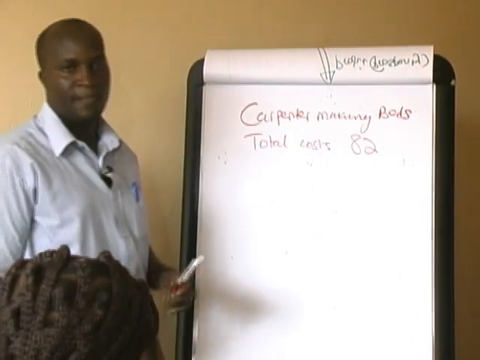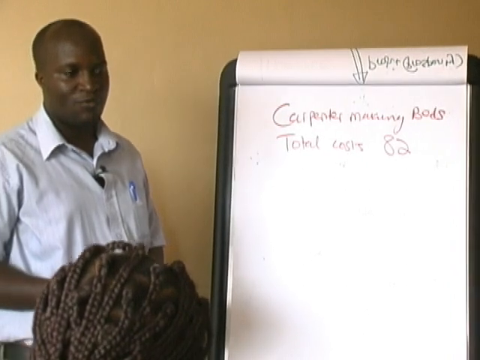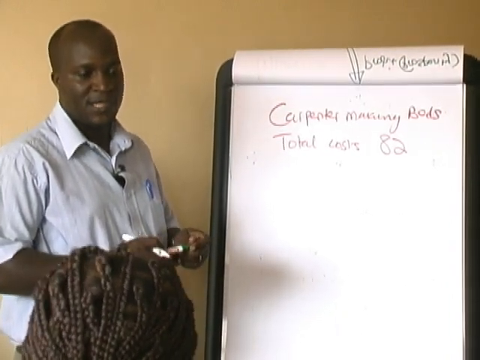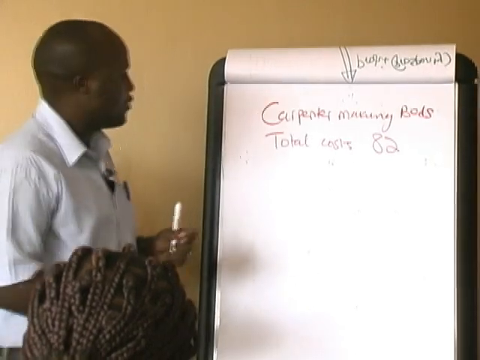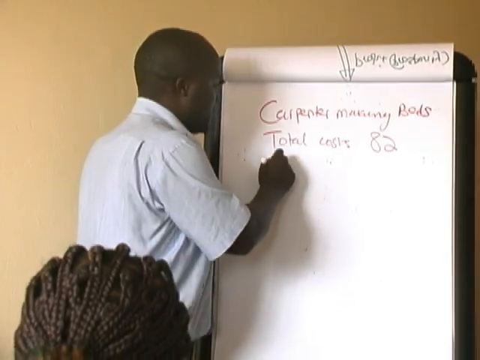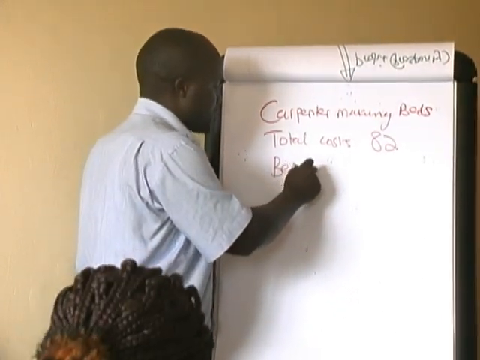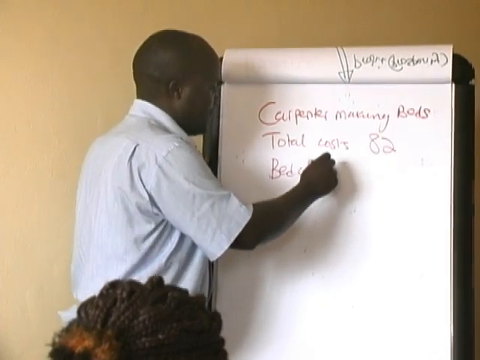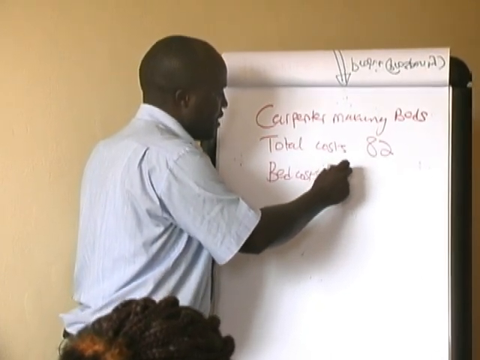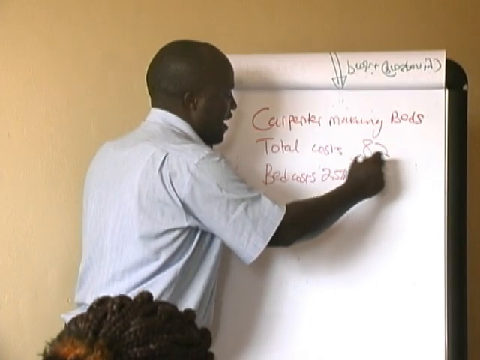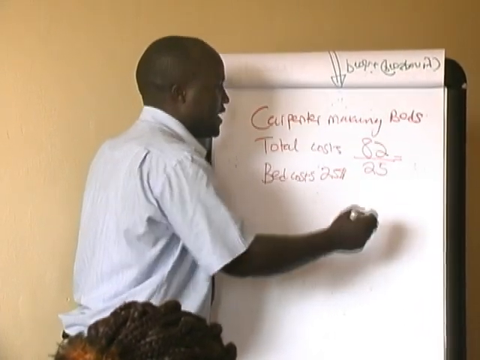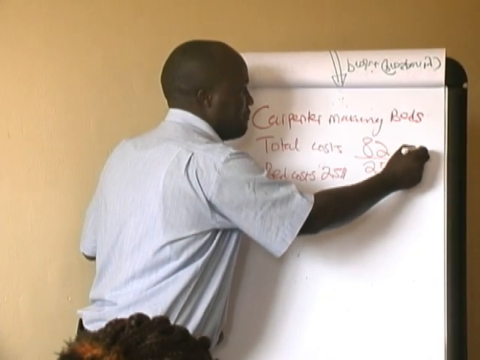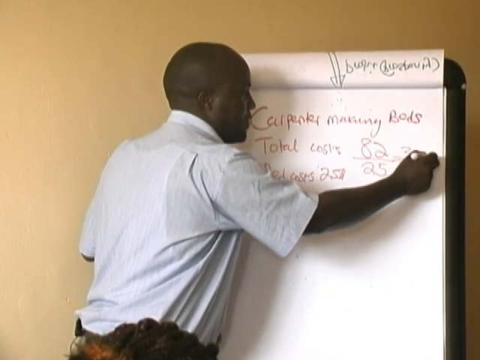That's what he's spending. But then we need to find out how many units he must sell to be able to cover his costs. And we know from experience that a bed costs $25. So when you take this and divide it by 25, you would find out that he has to probably sell 3.5 beds to be able to make money.